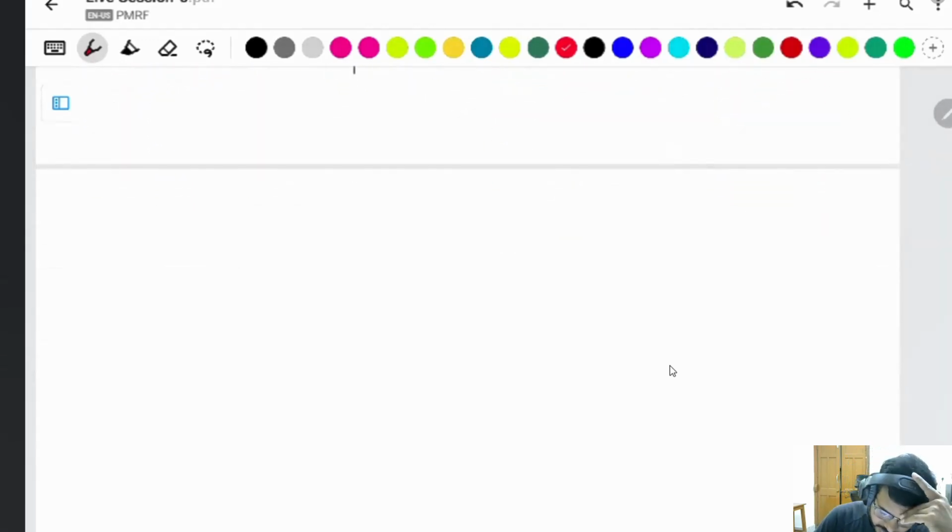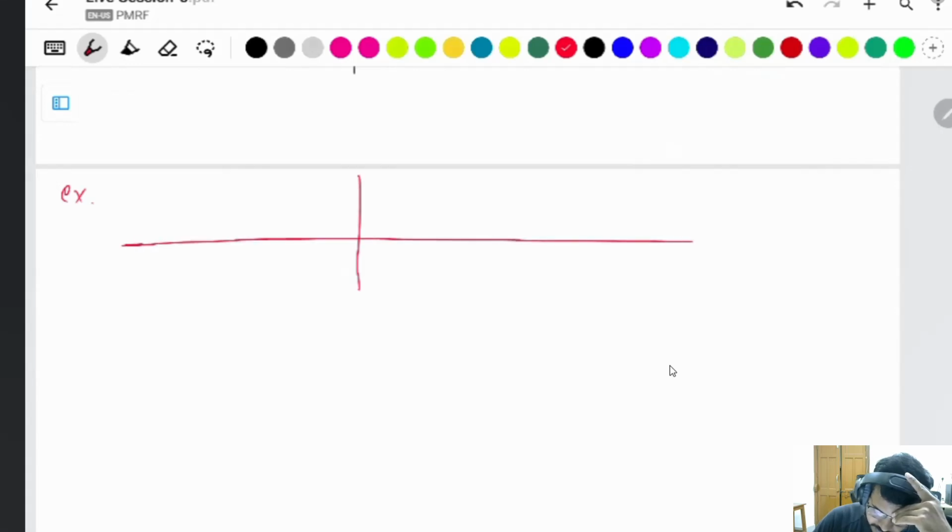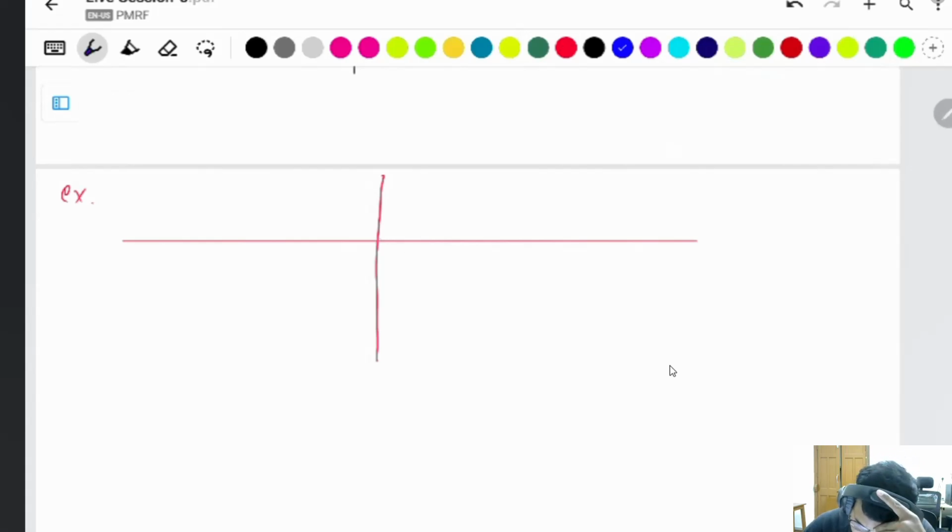Second case, suppose the second example, a signal looks like that.